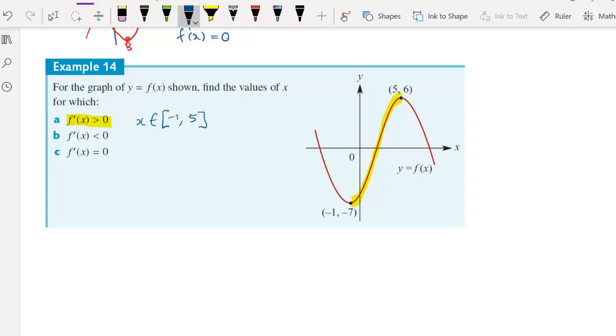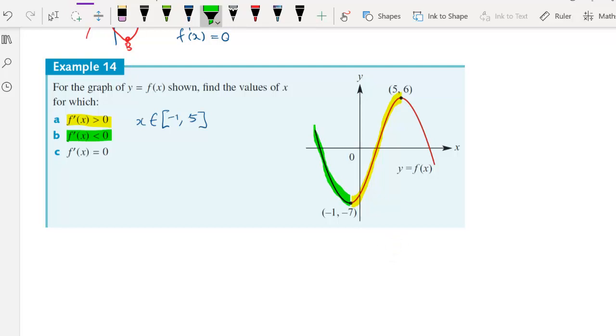So it's pretty straightforward to see that it's increasing and that gradient is positive between -1 and 5. When we look at part B, when the derivative is less than 0, so when it is sloping down, we can see that there's two sections now.